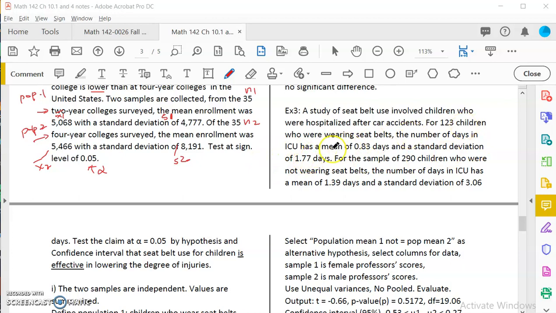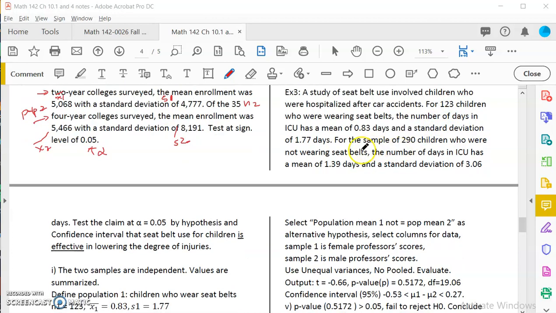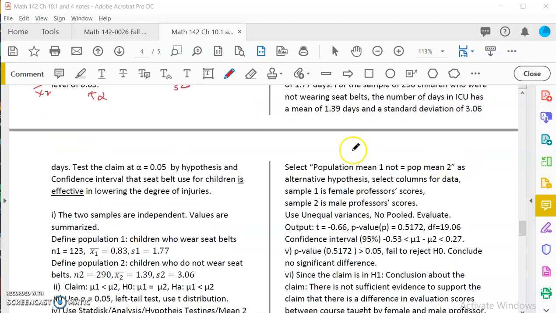Then there is a sample of 290 children who were not wearing seatbelts. They are two different samples with different sample sizes, so they are not paired up. They are independent, each with its own sample size, mean, and standard deviation.